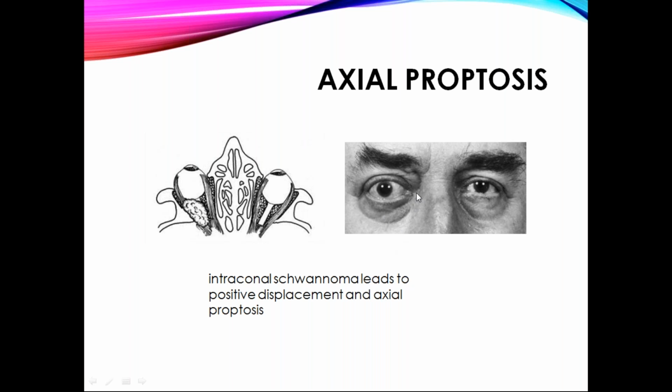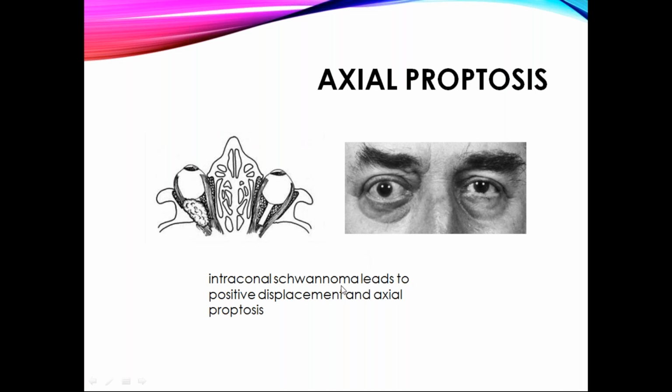It is parallel to the anterior posterior axis of the eyeball. So the anterior posterior axis is like this. So this is pushing it in the anterior posterior direction. So usually whenever there is a tumor which is pushing the eye in the anterior posterior direction, the tumor is usually intraconal.